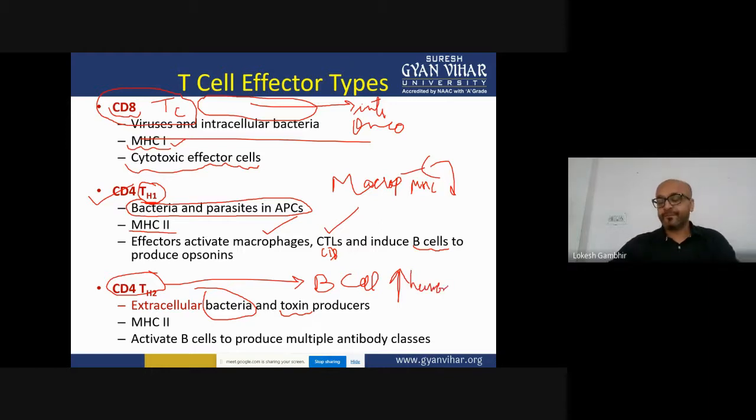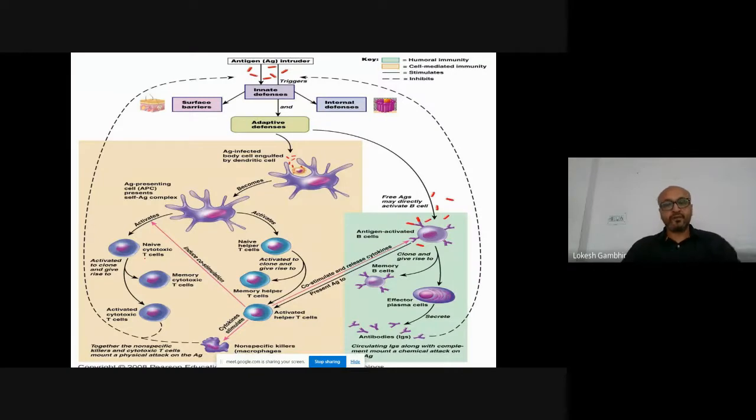So you see clearly, T helper cells, if they are involved in activating CD8, they are called Th1 response. If they are involved in activating B cells, they are called Th2 response, and that is how you should remember it always.